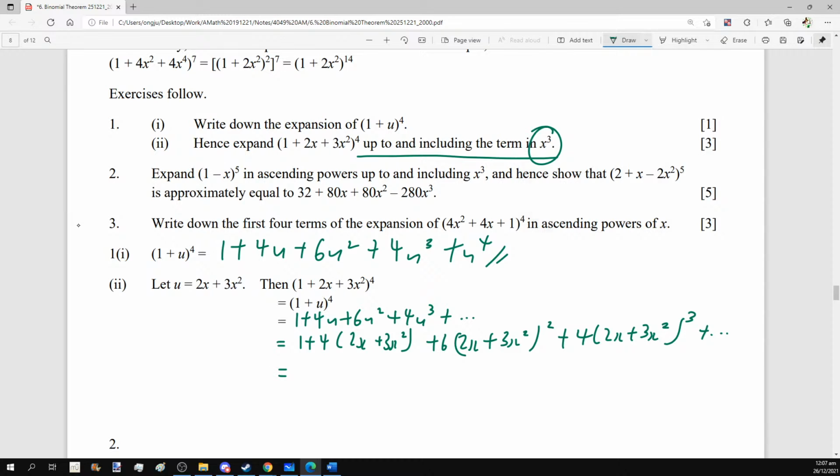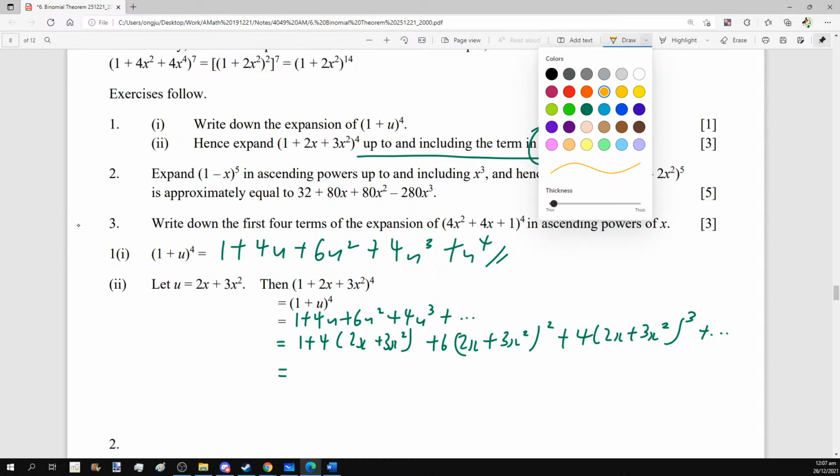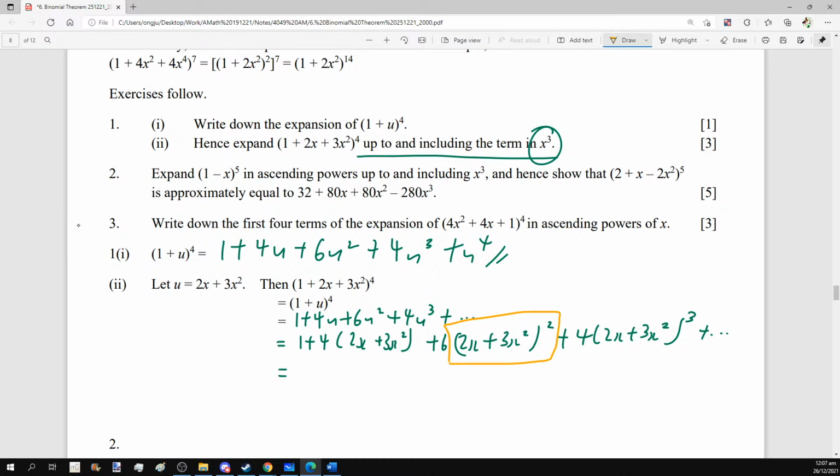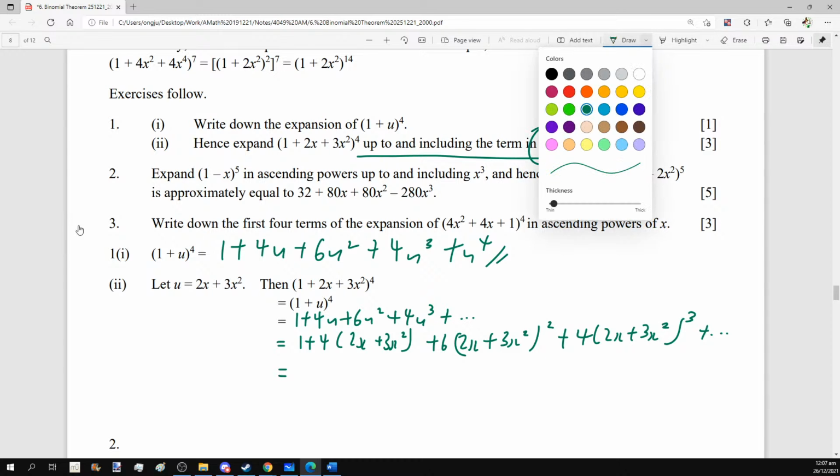From here, you will notice that we have binomial here, binomial there. So you're going to have to do binomial theorem 2 more times within this question. It is a little bit exasperating, but you will get used to it.